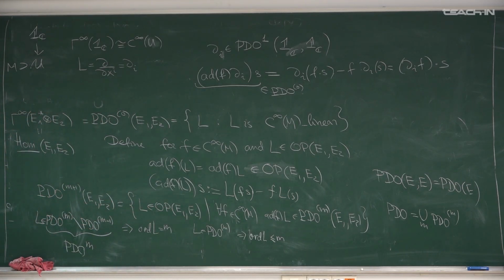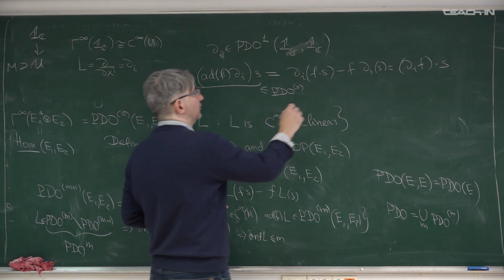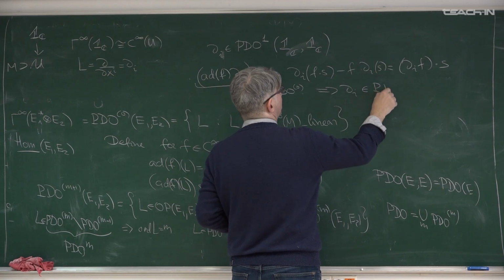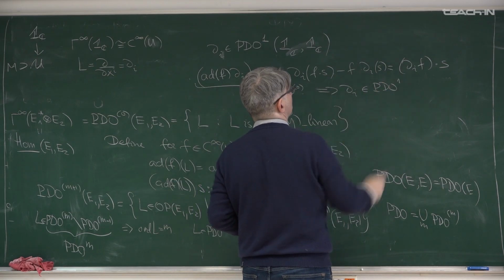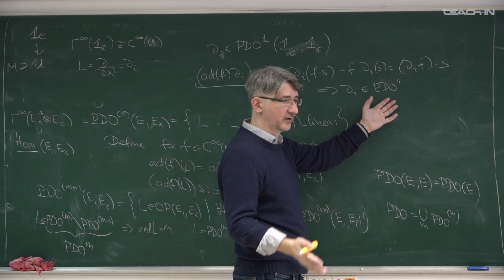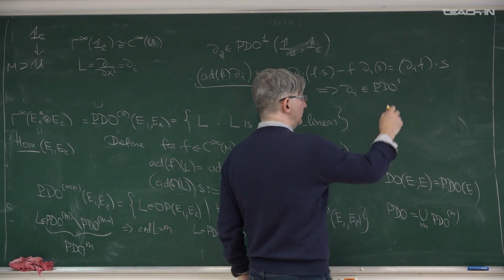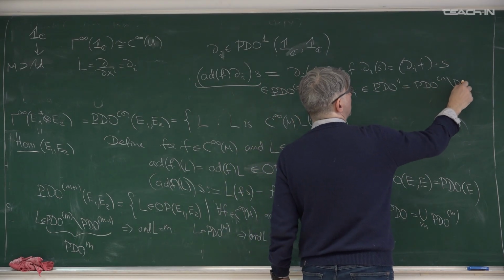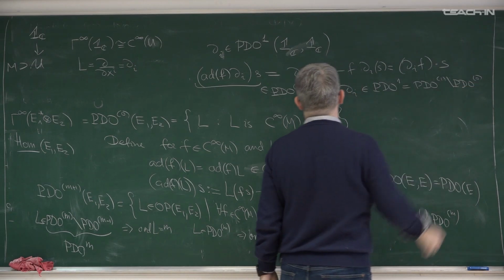From this it follows that di is a partial differential operator of order 1. It's not an operator of order 0, because it's not linear over functions. So it lies in PDO 1 minus PDO 0. Okay, very good.